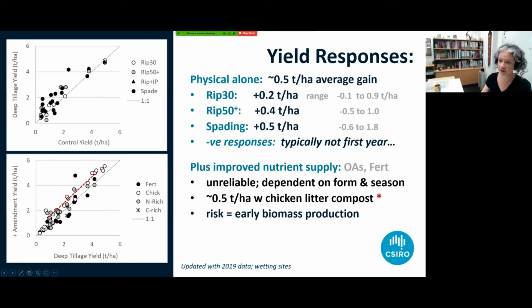The second graph demonstrates what can be achieved above and beyond a physical amelioration alone. I've got the physical amelioration on the x-axis and plus some type of amendment on the y. Those amendments are typically things like increased fertilizer inputs, chicken litter where it's available in the different regions, or a nitrogen-rich hay material.